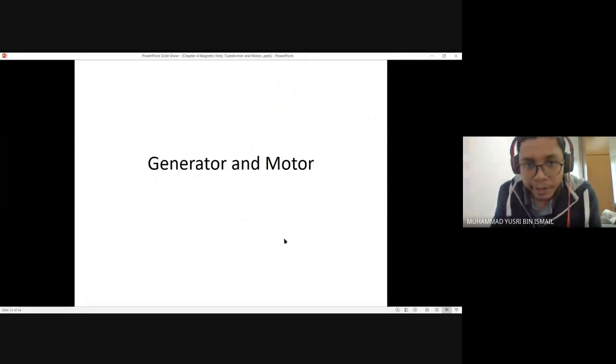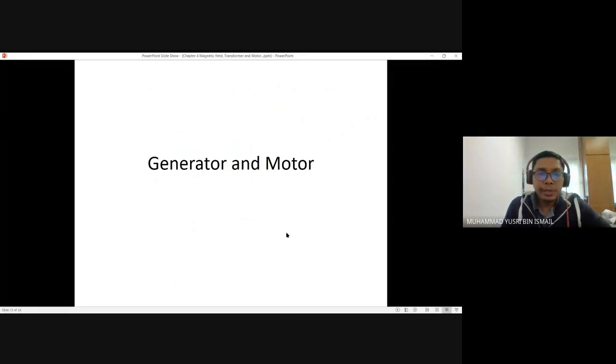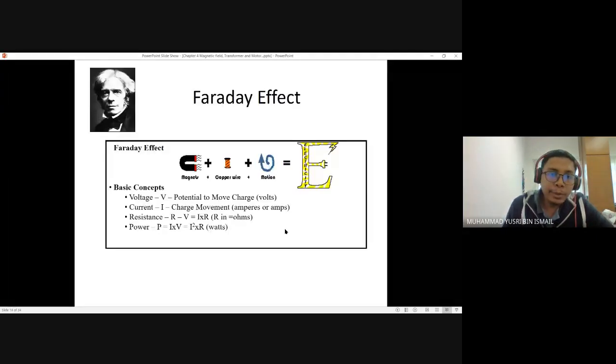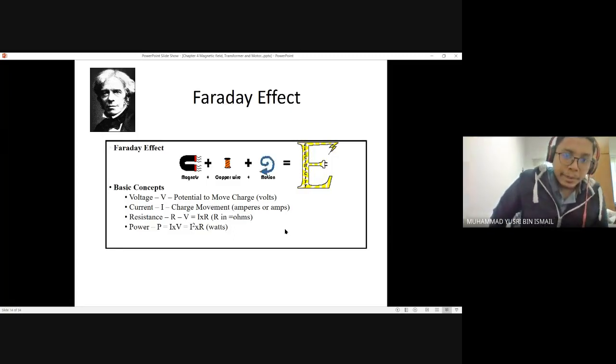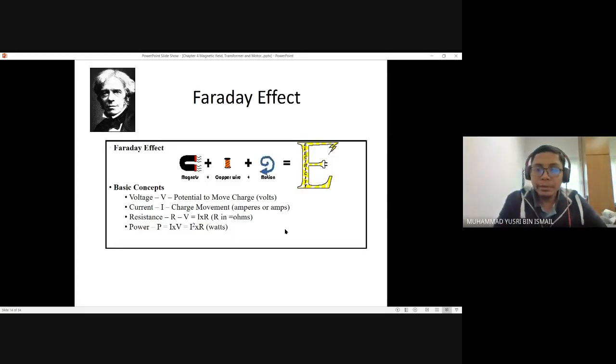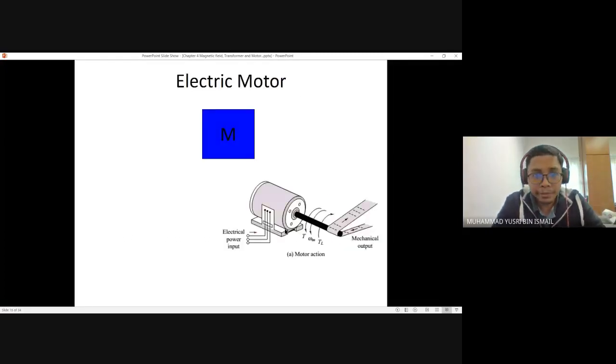Okay, now we proceed to generator and motor. In the beginning of the lecture, I already mentioned to all of you there are three types of magnetism. The first two magnetism you can determine using your right hand rule, but for the second type of magnetism, you are going to use the left hand rule.